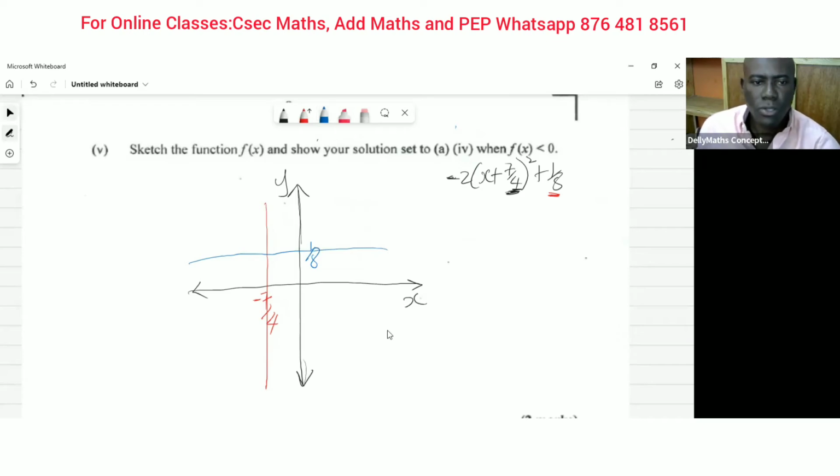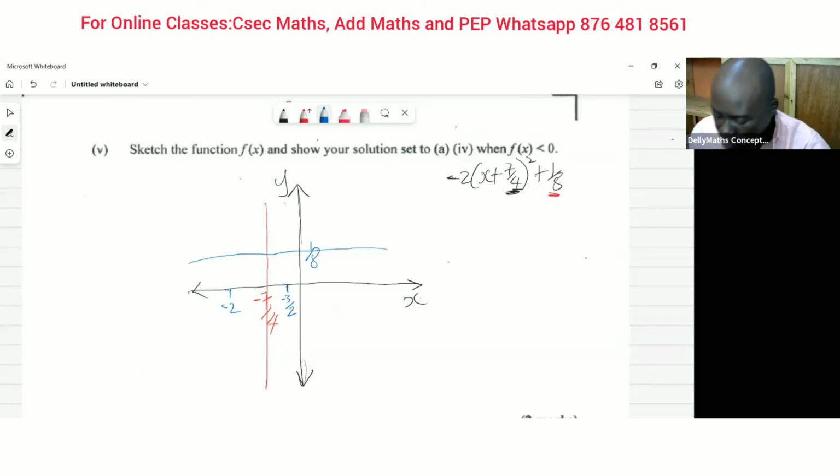And then the roots that we just got, we got -2 and -1.5. So -2 would be somewhere here. -1.5 is somewhere here, or -3/2.